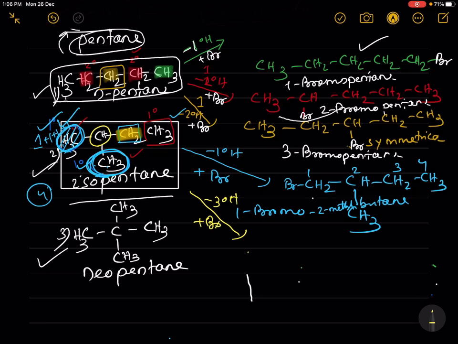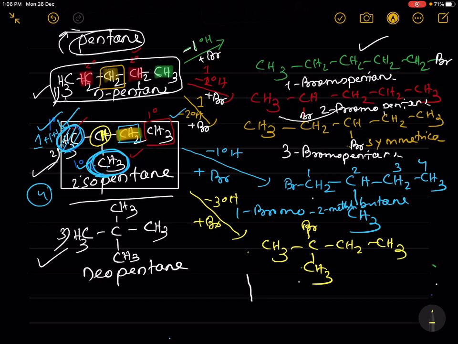Or you can say a bromine is substituted for this tertiary hydrogen atom. The structure will be CH3, C, CH3, CH2, CH3, and a bromine atom is written over here. This is 2 bromo 2 methyl butane.